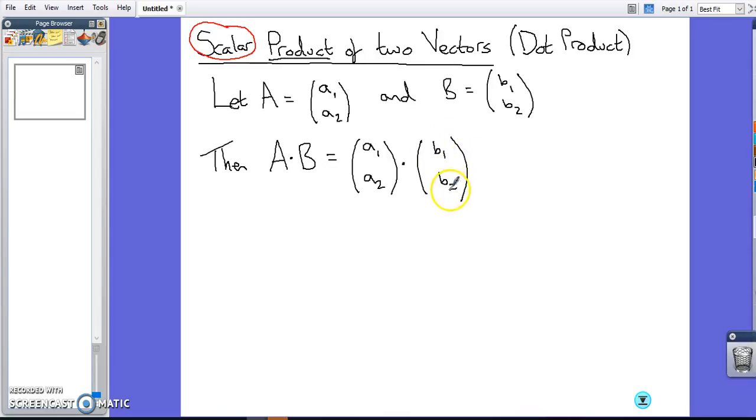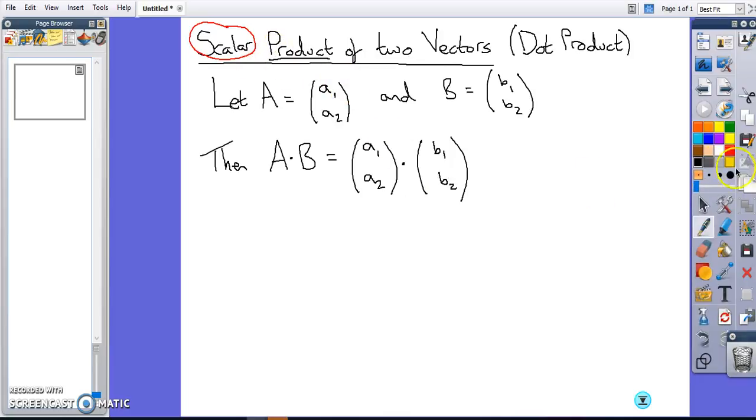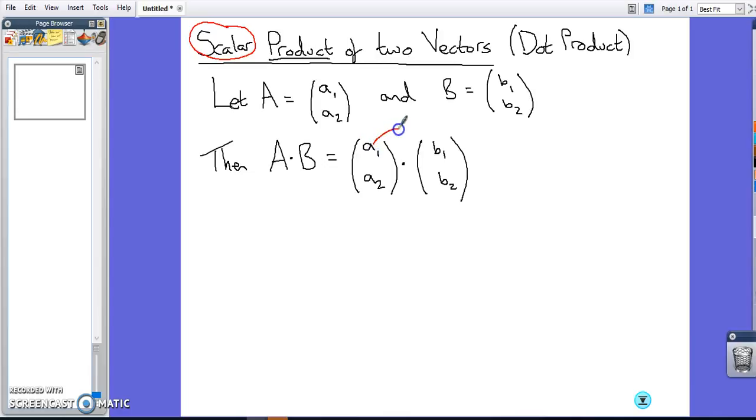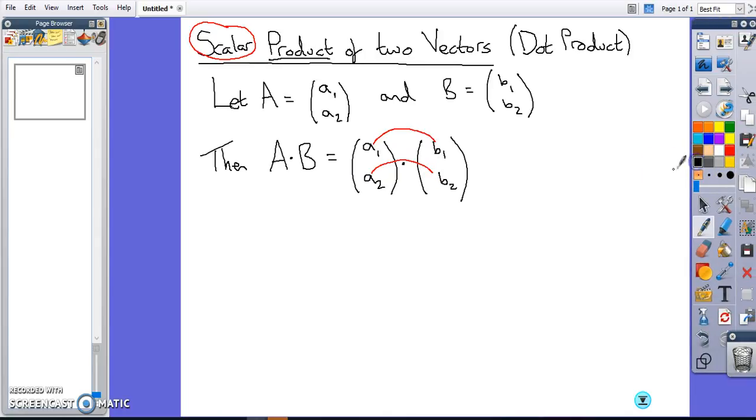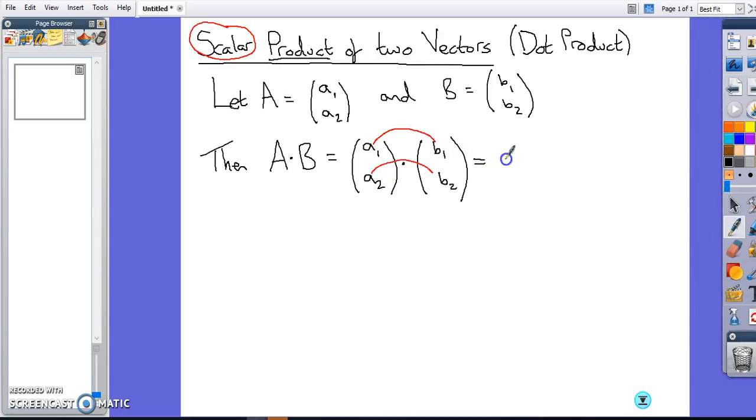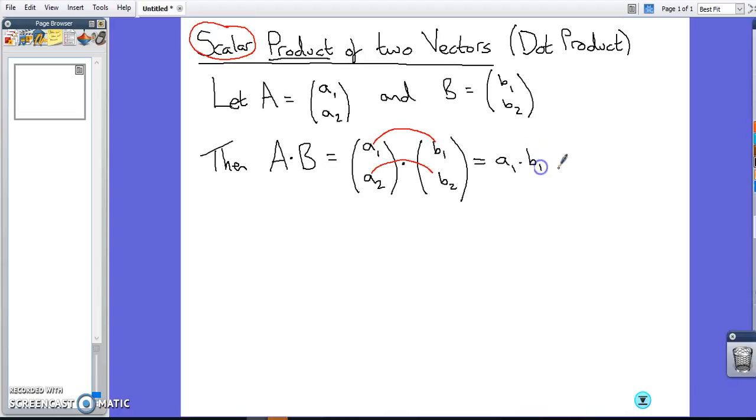And all you need to do when you multiply two vectors together in the scalar product is multiply each component in A with the corresponding component in B, and then add them together. So we have A1 times B1 plus A2 times B2.